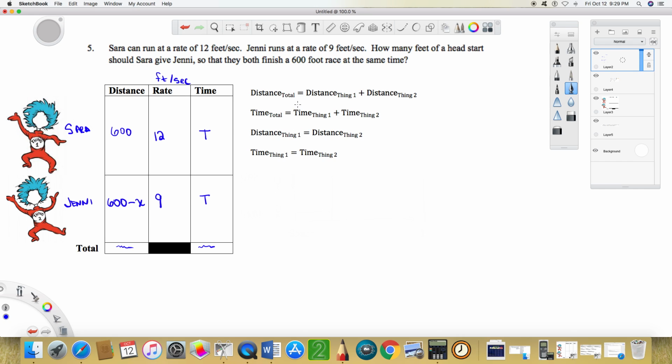So of these four choices, pick the relationship. Remember that distance is equal to rate times time, or solving for time, time is equal to distance divided by rate. Try to pick one of these relationships to explore to set up our equation, and then press continue.